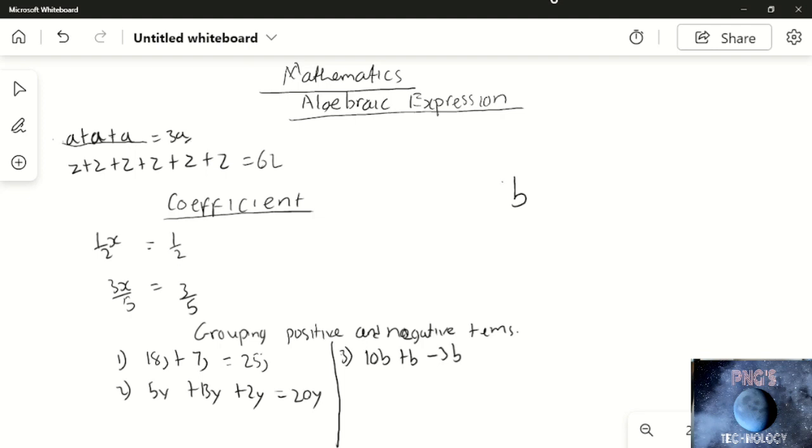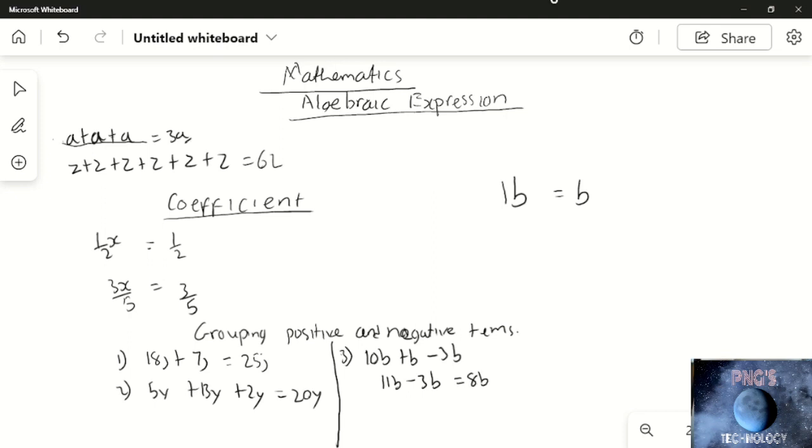So instead of writing 1b, we can just write b. When it's more than 1, we mostly note the coefficient, but if it is 1, the 1 is mostly not written. So in this case, 10b plus b just means 10b plus 1b, which is 11b. So we have 11b minus 3b. 11 minus 3 will give us 8. So we have a total of what?